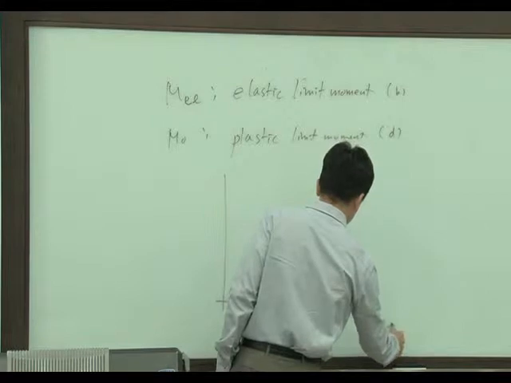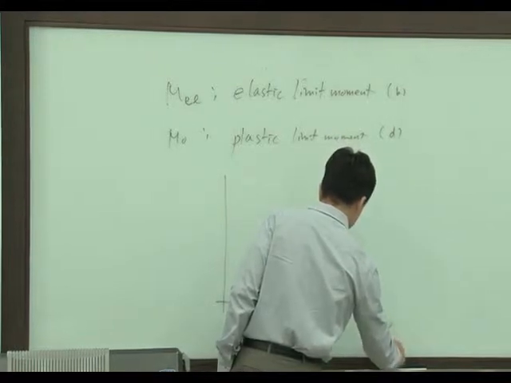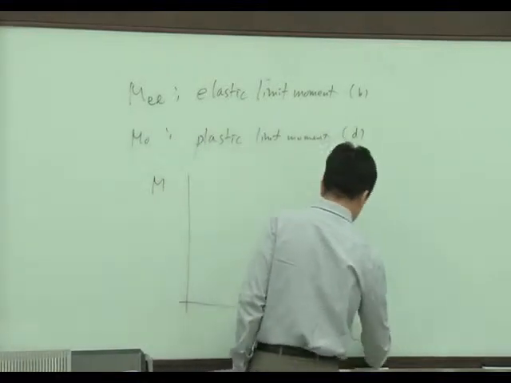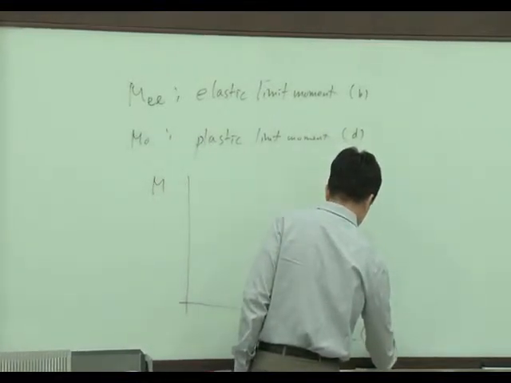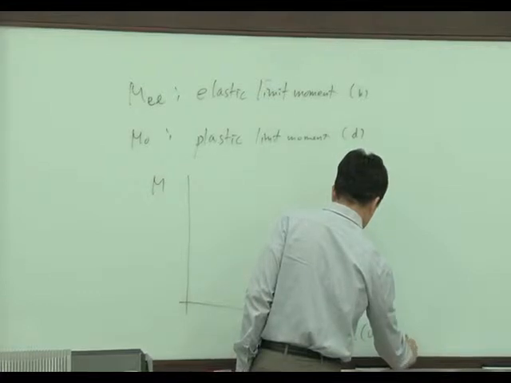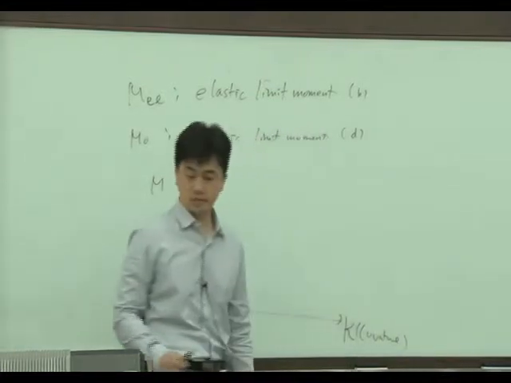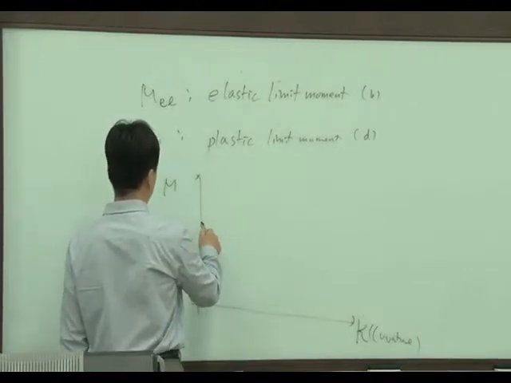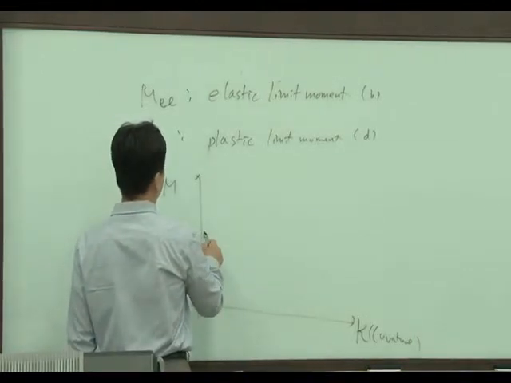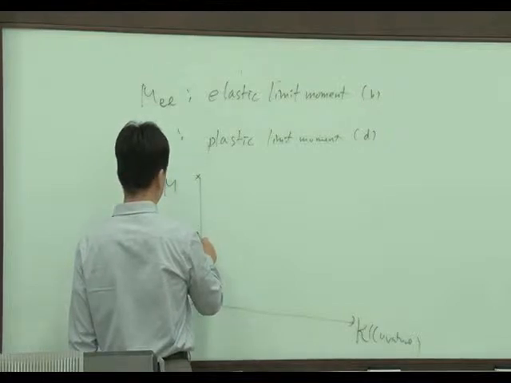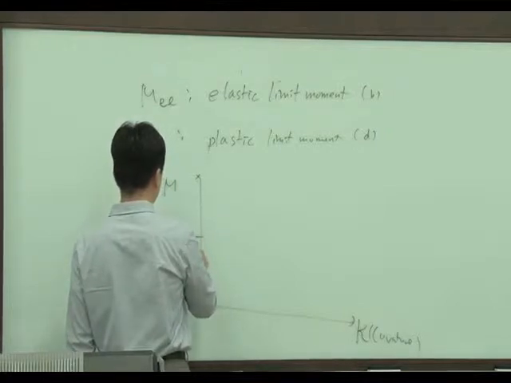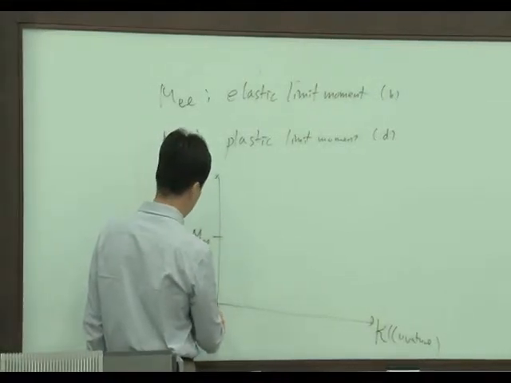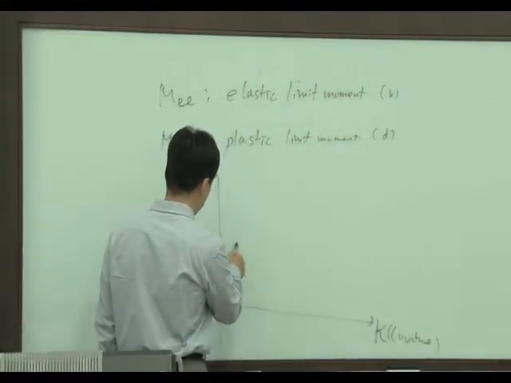And here, curvature. Let's plot the moment curvature curve. This is the curvature. So until the elastic limit moment here, MEL, as the curvature increases, the moment linearly increases, right?